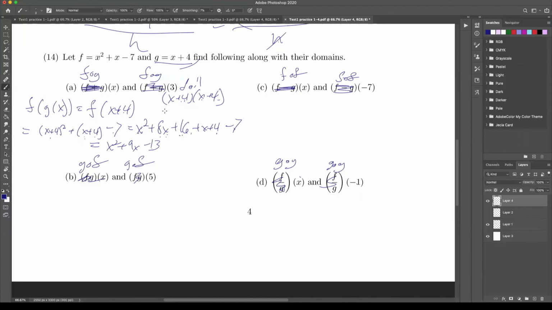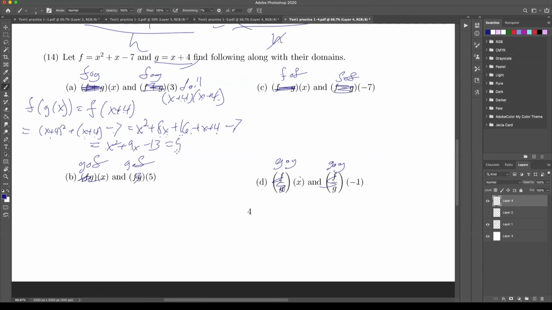Now, if I want to plug in 3, I can just plug in 3 into this. I'll get 3 squared, which is 9, plus 9 times 3, which gives me 27. I'm going to just write it all out.